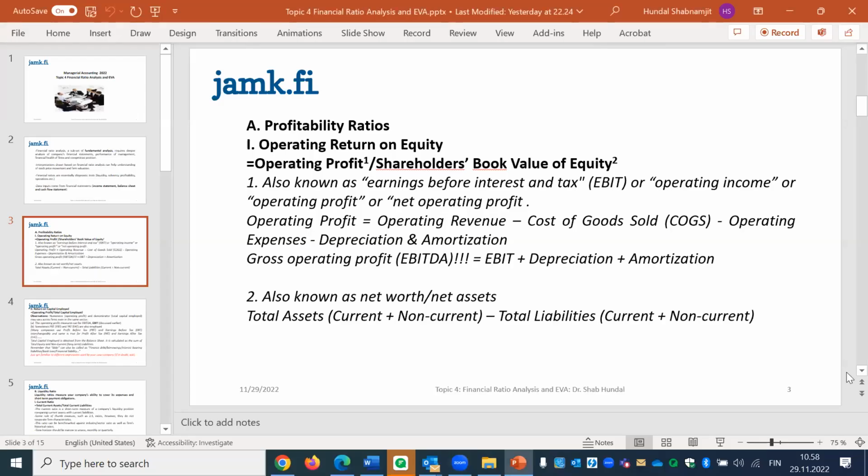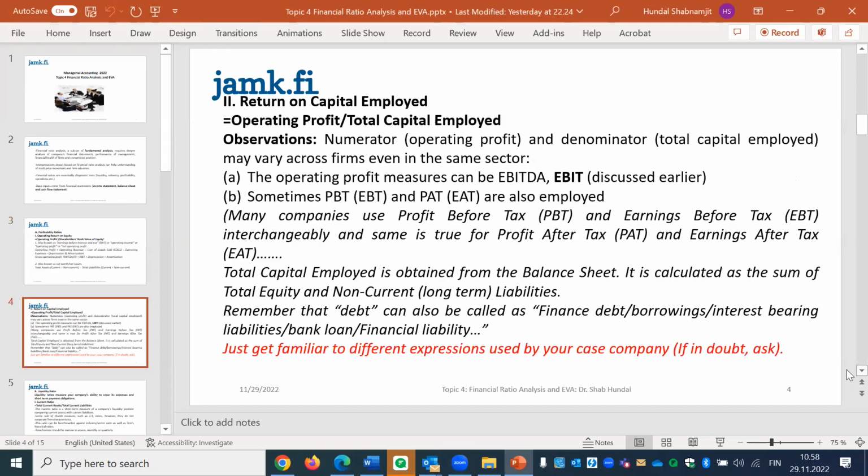The second ratio that we have is called return on capital employed. The return on capital employed is a little bit more comprehensive measure than the return on equity, because in the return on capital employed, we include both types of capital.